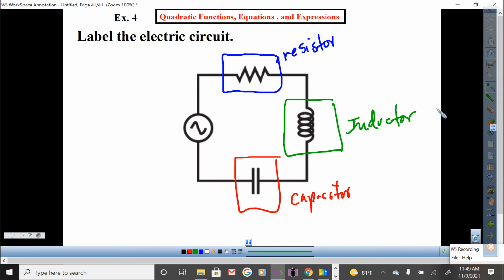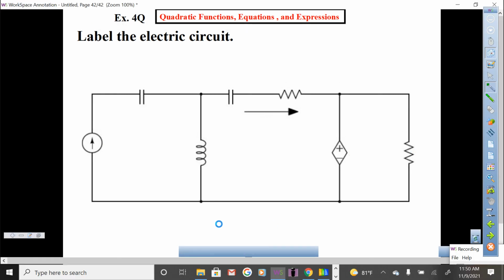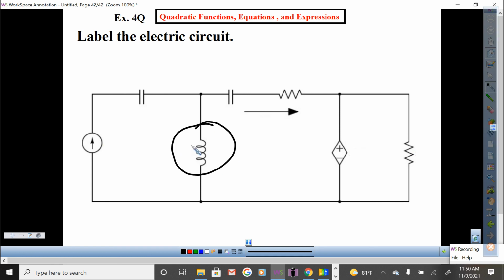So watch. Don't copy this next one, but let me show you how these start becoming more elaborate. Look up to the screen. All right? Look up. Tell your neighbor the name for this one, please. Inductor, that is correct. How about this one? Capacitor, and of course this one's our what? Resistor. Let me show you another one.